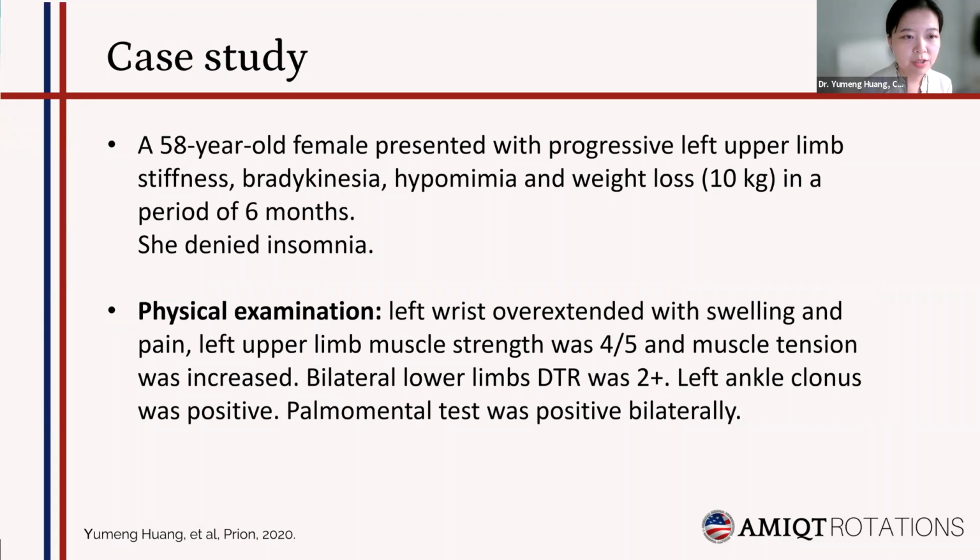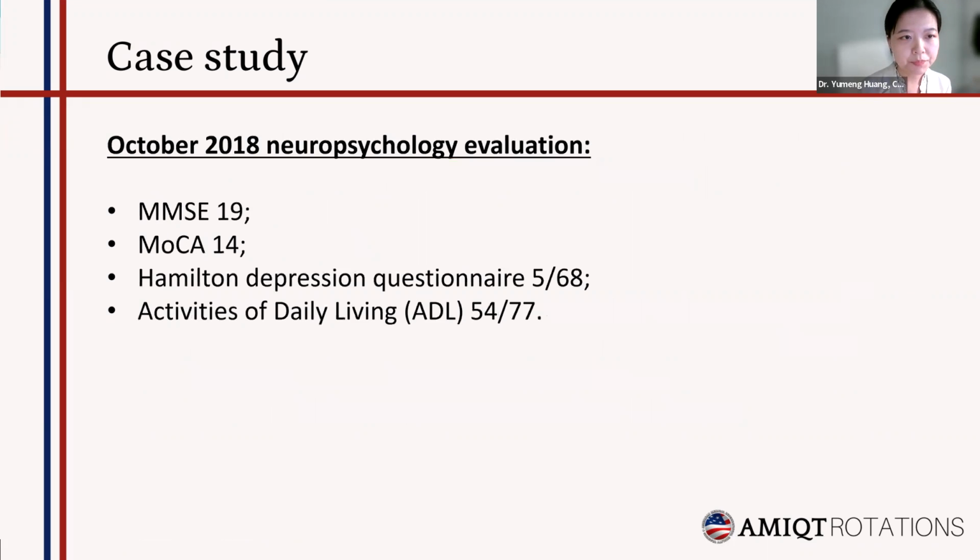The physical examination reported a left wrist overextended with swelling and pain. The left upper limb muscle strength was 4 to 5, and muscle tone was increased. In the bilateral lower limbs, the deep tendon reflex was 2+. The left ankle clonus was positive, and the palmomental test was positive bilaterally.